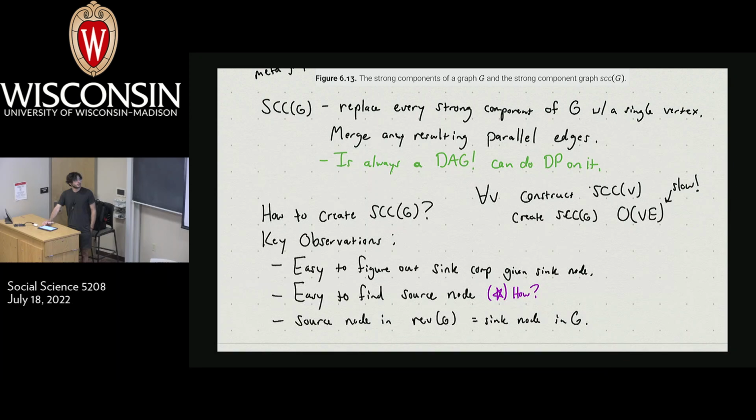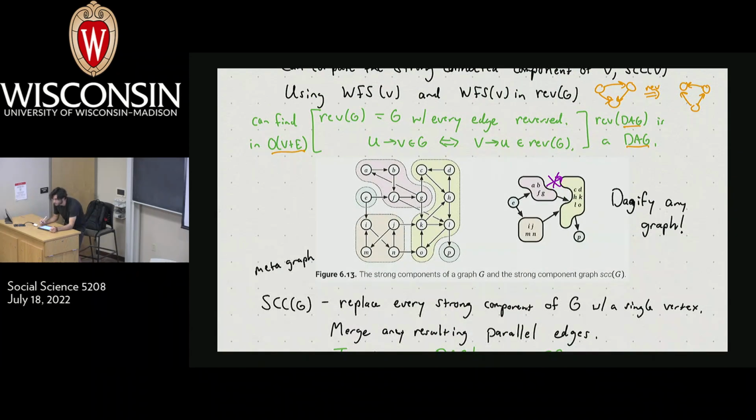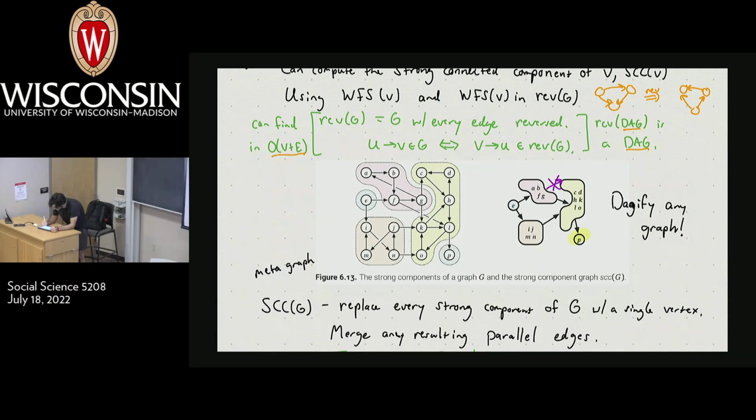So there's a couple of key observations that are based on the clock ideas. The first idea here is it's easy to figure out a sink component, given a sink node. Remember, a sink component is just a sink in the SCC graph. For example, P here is a sink component.